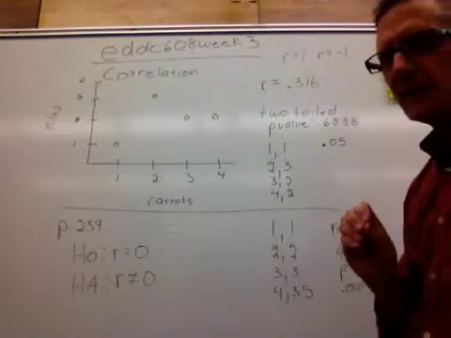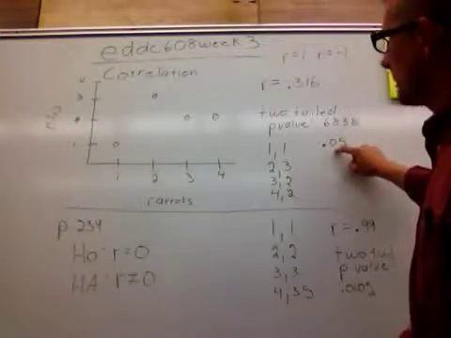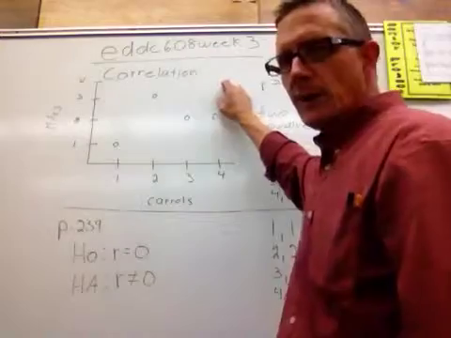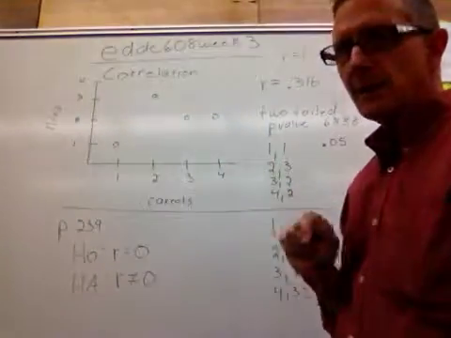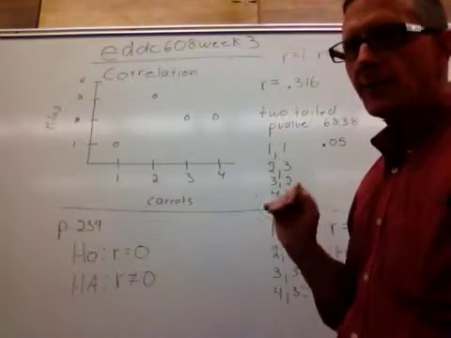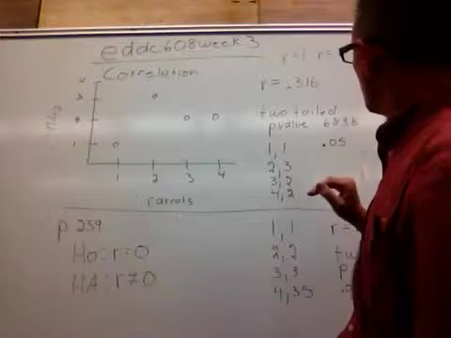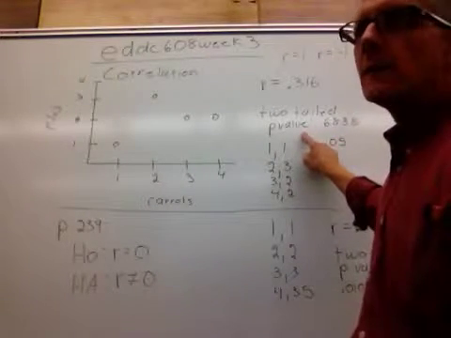It is not significant, meaning we cannot reject the null hypothesis that there is no relationship between carrots and miles you run in the general population. There's not enough evidence to support that.